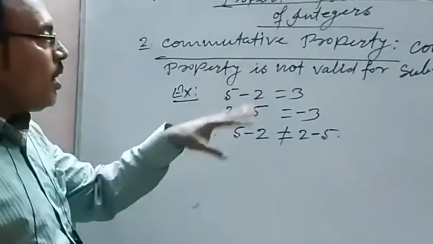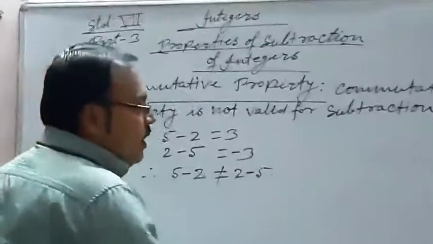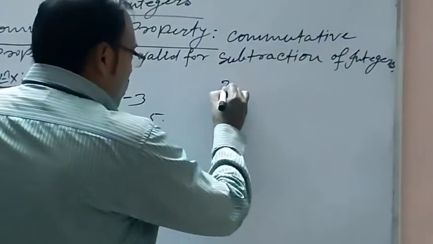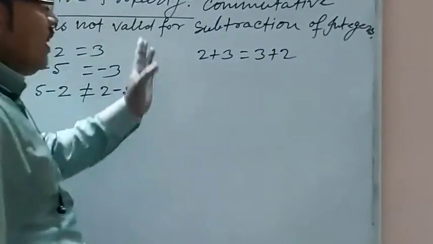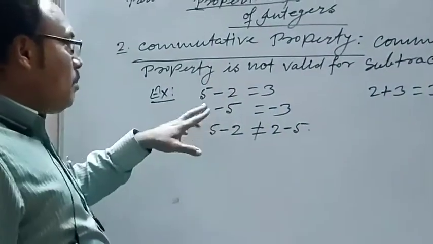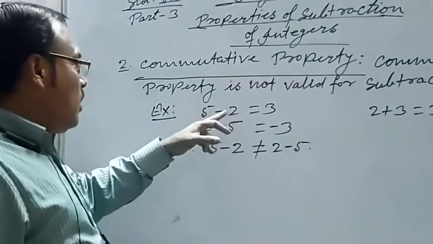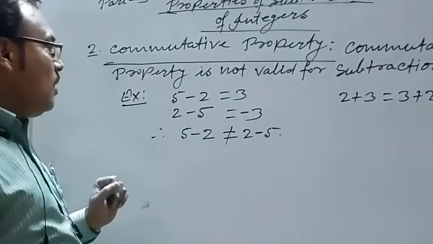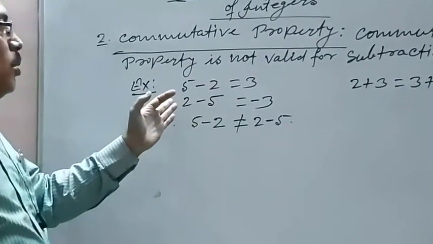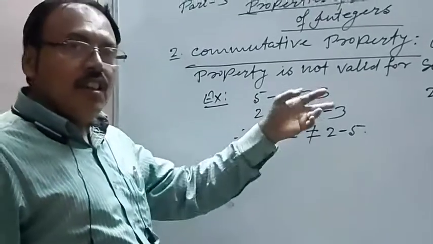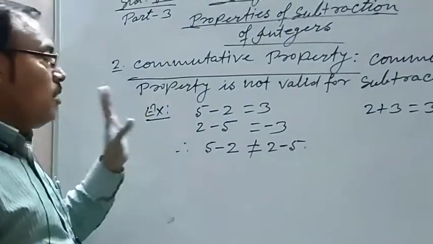Thus, commutative property is not valid for subtraction, because in addition we have seen that 2 plus 3 equals 3 plus 2, we can add in any order. But in subtraction, if we subtract 2 from 5 we get 3, and if we subtract 5 from 2 we get minus 3, and 3 and minus 3 are not equal.